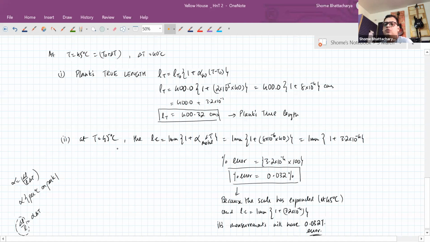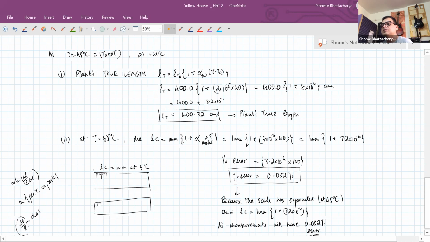Okay. Yeah, now Prince, see what is happening. The scale that we have, the calibration of the scale is like this. There are markings made. Now the smallest division is called the least count. So the least count is equal to 1 millimeter exactly at 5 degrees C. But the scale expands.